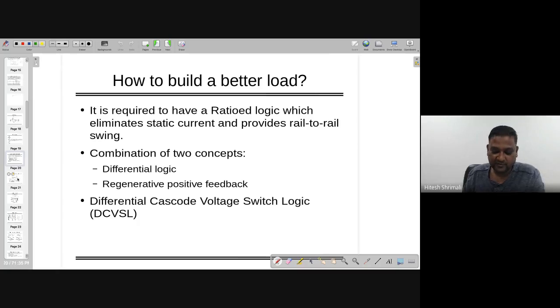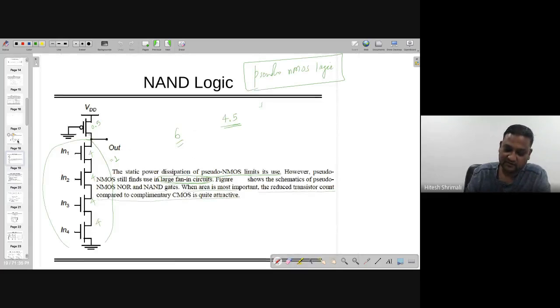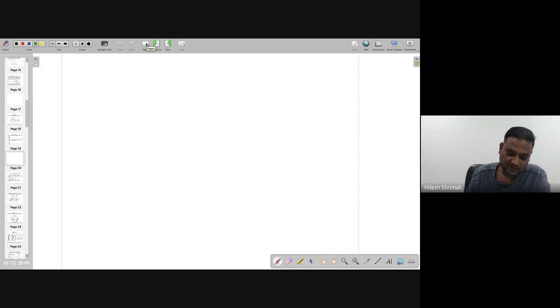Now, how to build a better load? Before going to the better load, let's understand a few more terms. One of the terms is, look, as I am saying that we are stacking the transistors one on top of another one.